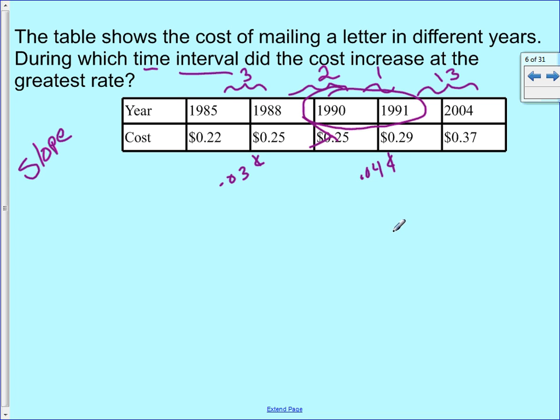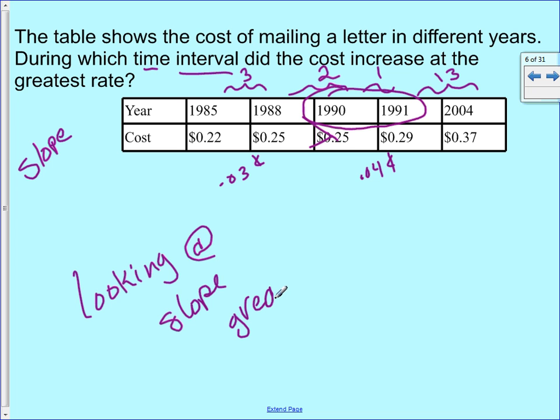1990 to 1991, okay? So we're looking at slope. Greatest per year. Does that make sense, guys? No. Why doesn't it make sense? Because I don't understand why, if it does go up more than 1990 to 1991, why is it still... Because from 1990 to 1991, there's a 1 year difference. Now, in that 1 year, it increased 4 cents.